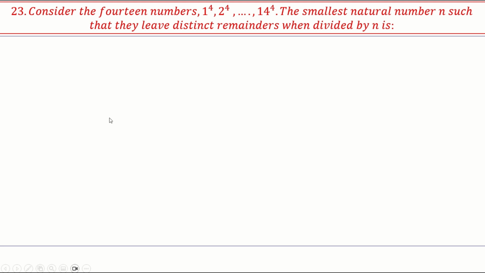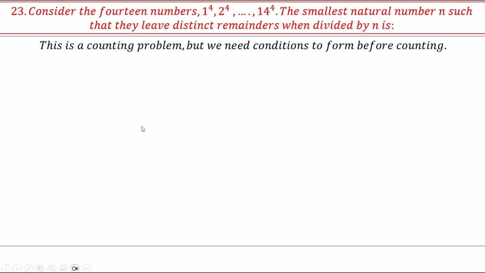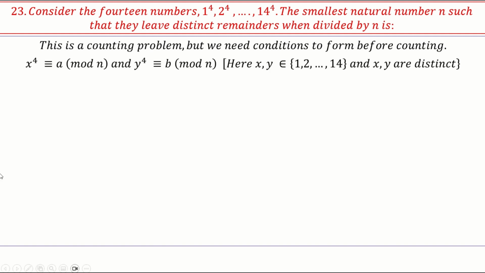So this is definitely a counting problem. You can easily start checking from 15 onwards and go, but we can use some conditions so that we can restrict the counting. First, from the remainder theorem, this problem can be written as x power 4 congruent to a modulo n, where x is any number from 1 to 14. x power 4, when I divide by n, leaves the remainder a.